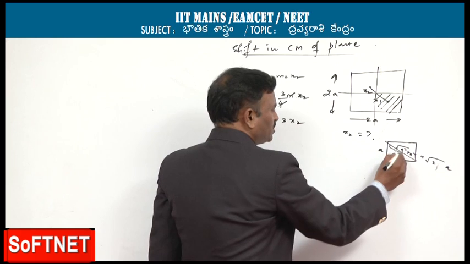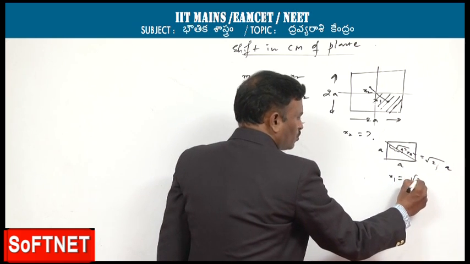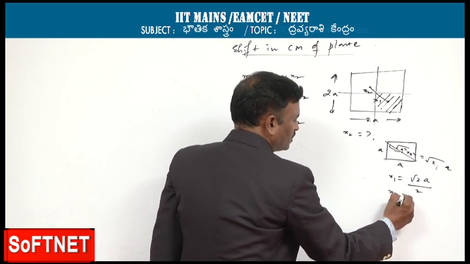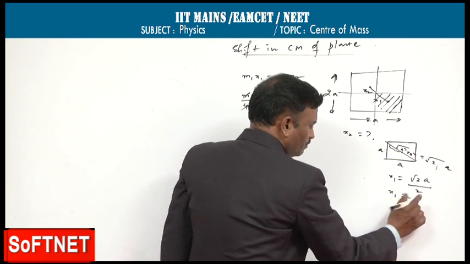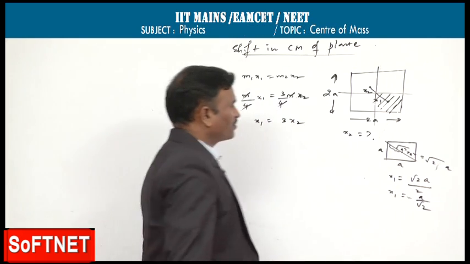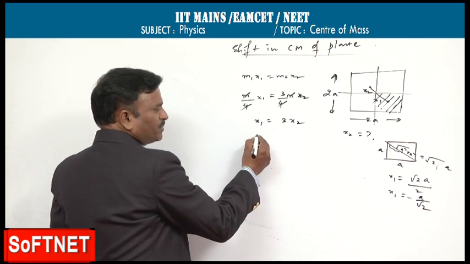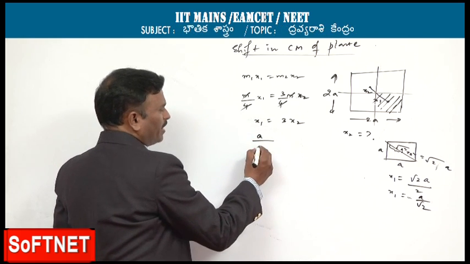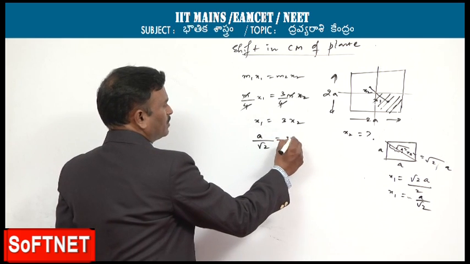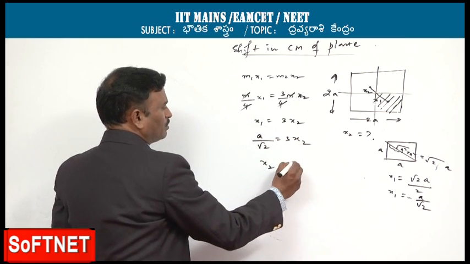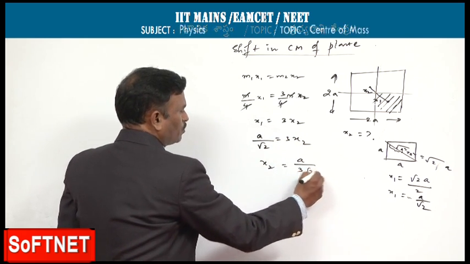Half of that portion is x1, so x1 is equal to root 2a by 2, that is a by root 2. Substituting, a by root 2 is equal to 3 into x2, so x2 is equal to a by 3 root 2.